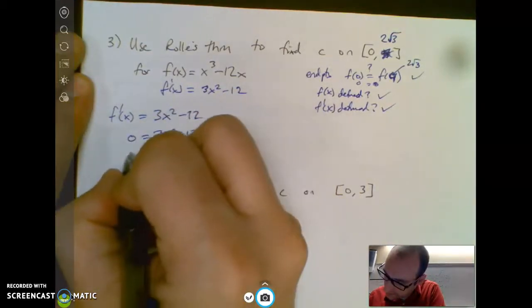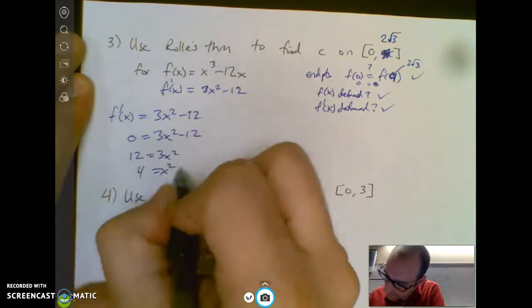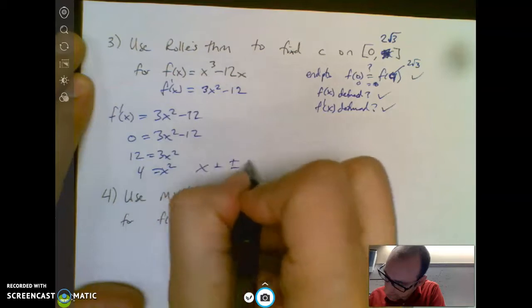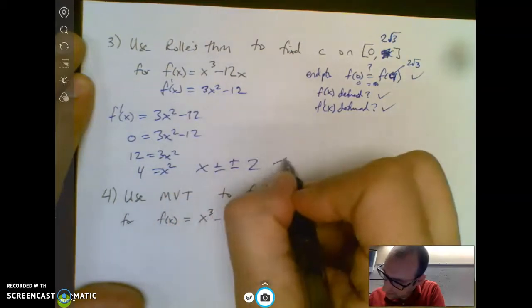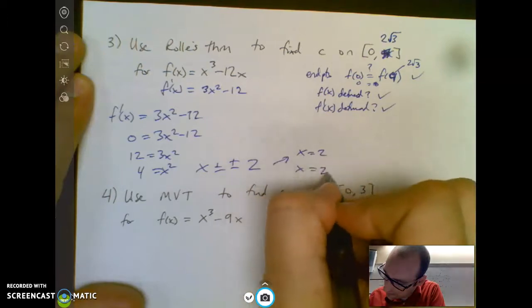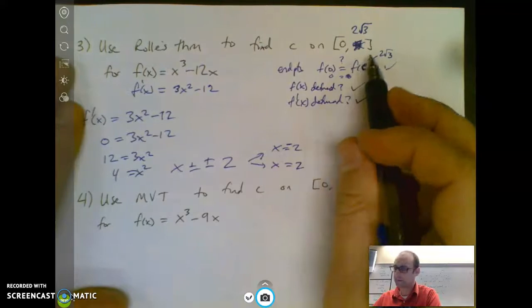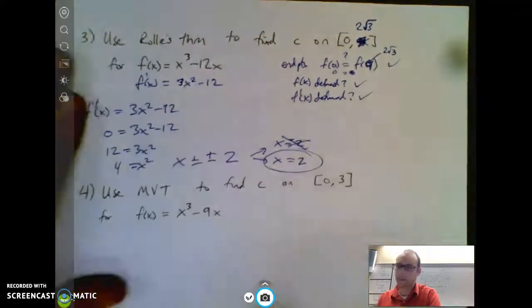Let's solve that. So we got 12, 3x squared, x squared is 4, x equals plus or minus 2. Once again, I probably won't keep both these answers because negative 2 doesn't fall on that interval, so there's my winner.